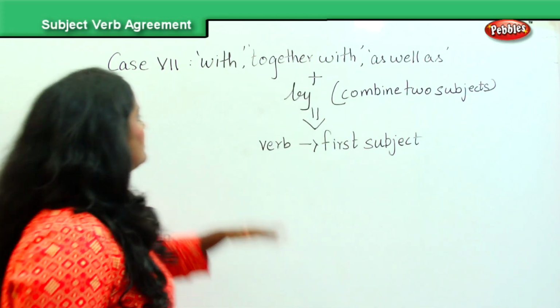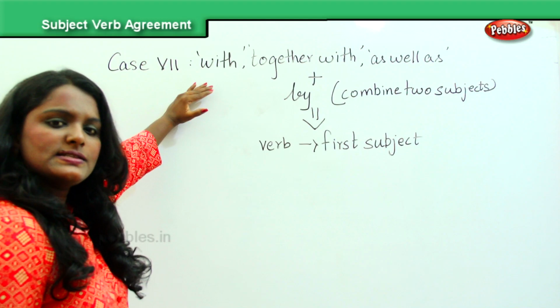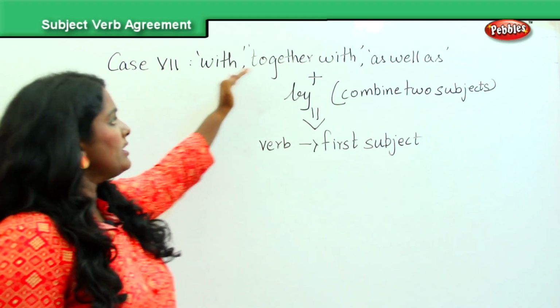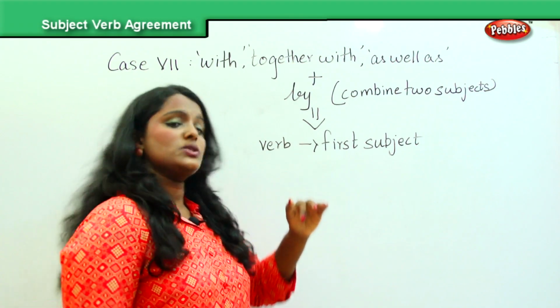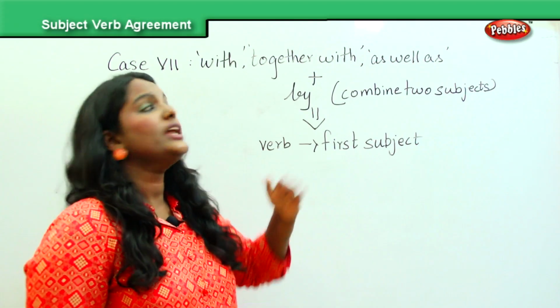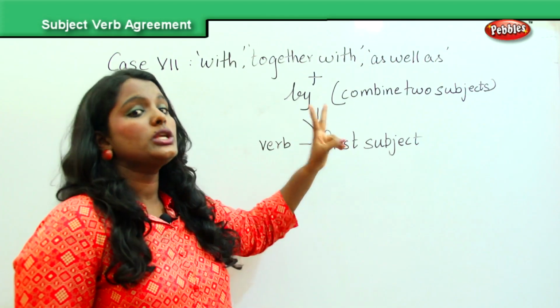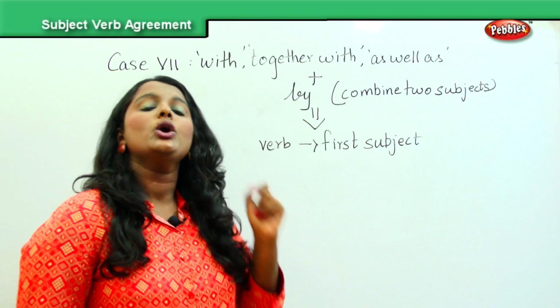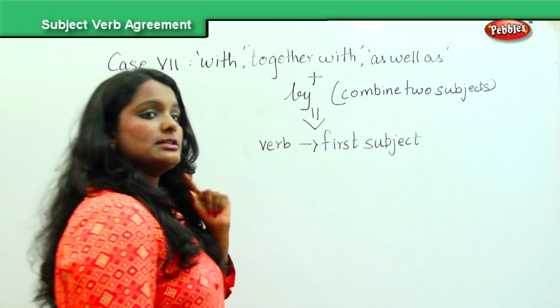Let me explain. When your sentence has phrases like with, together with, or as well as, combined with two subjects, your verb will agree with the first subject.